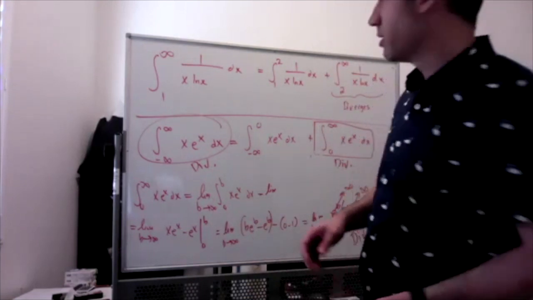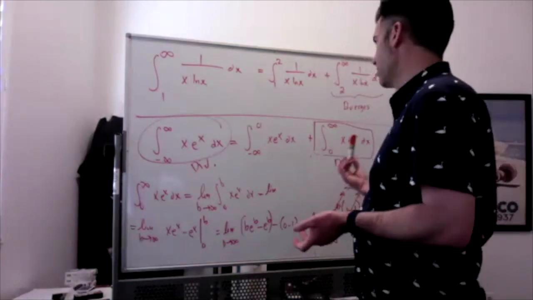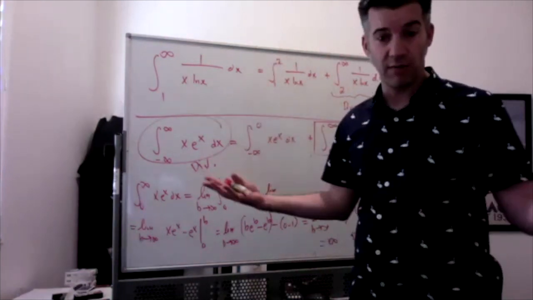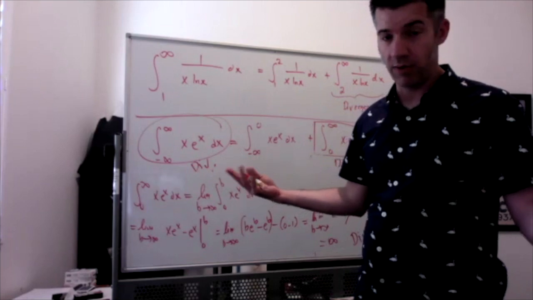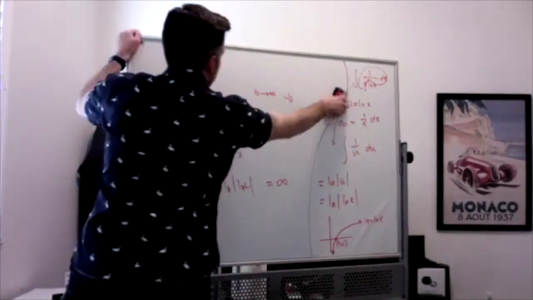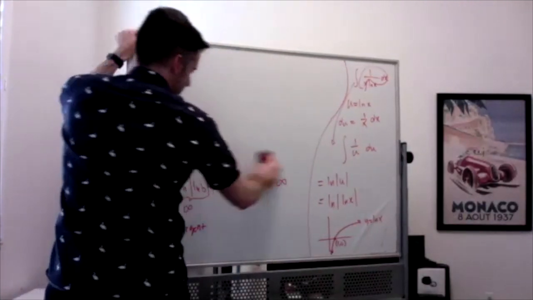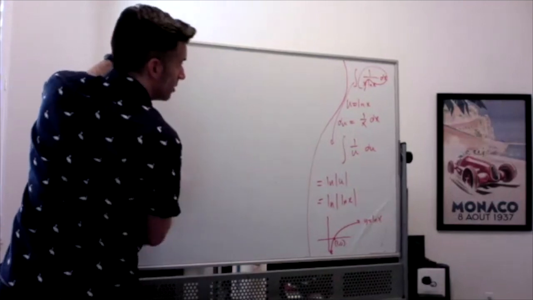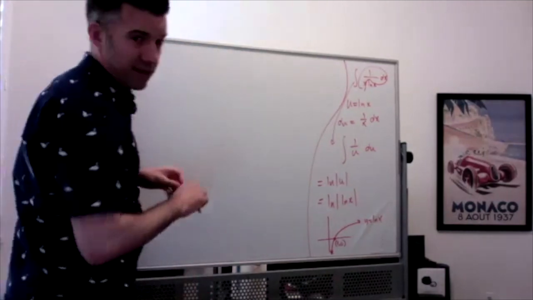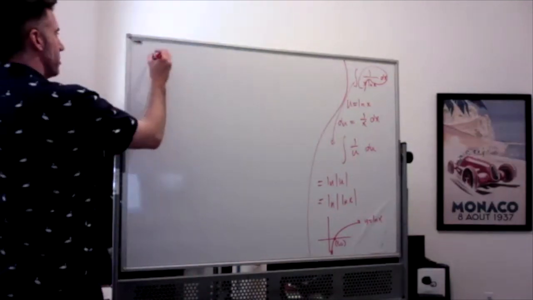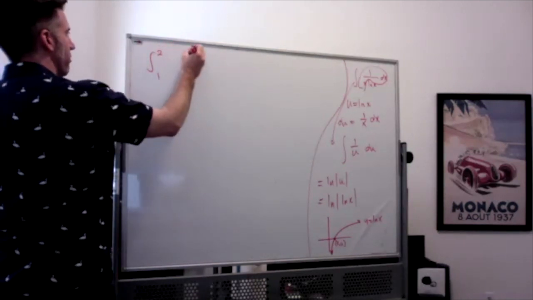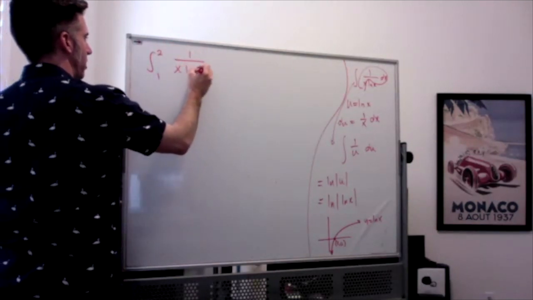Let's look at some. So these are all the infinite interval variety of improper integral, but there are other types. Like this: the integral from 1 to 2 of 1 over x natural log of x.